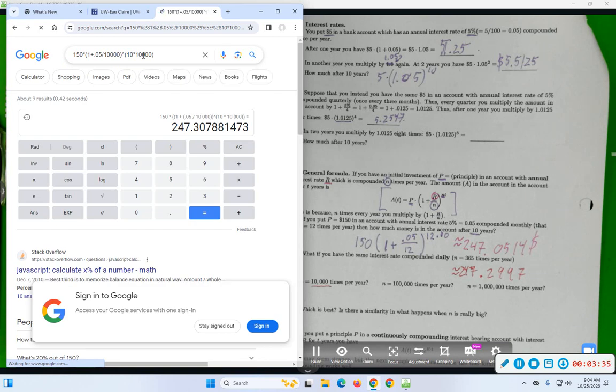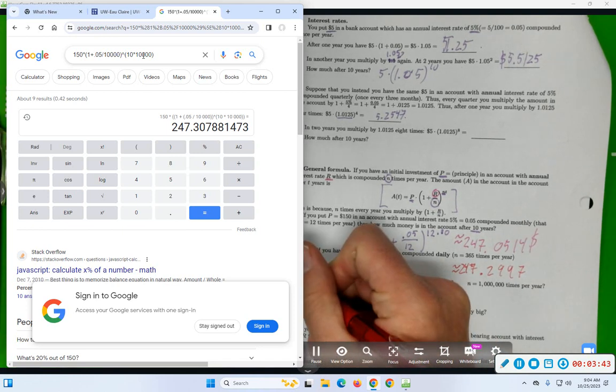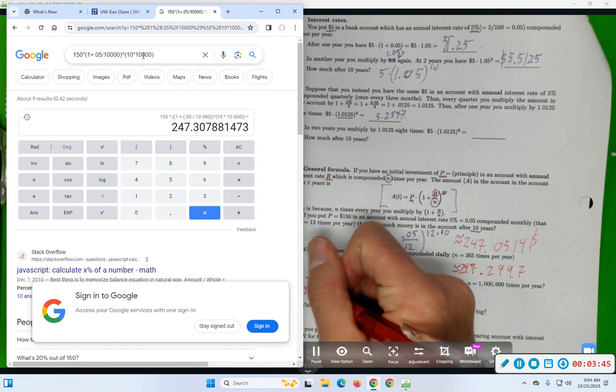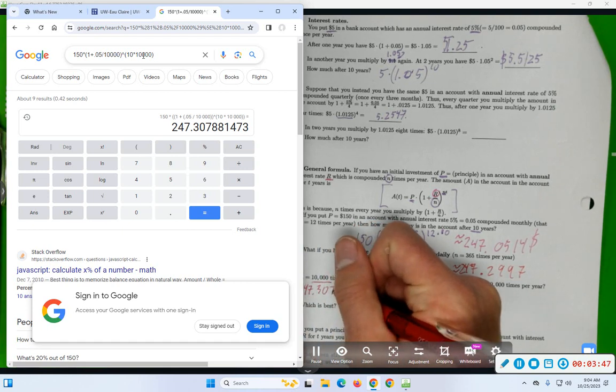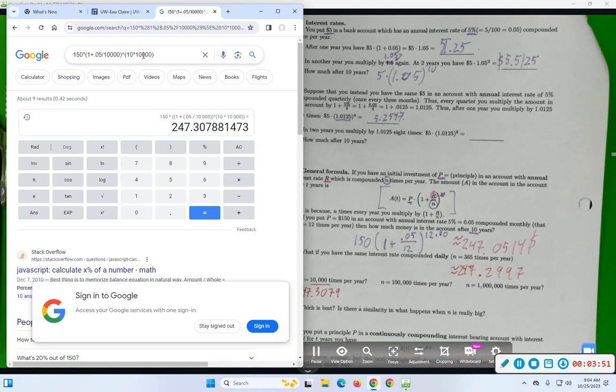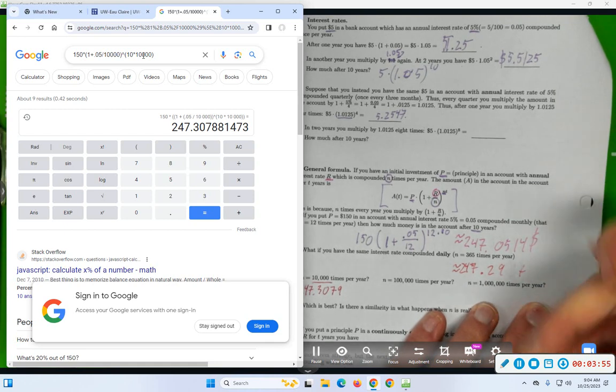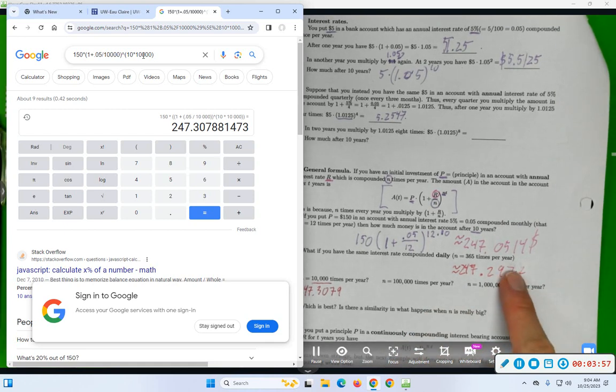Did it increase? Not by much, but it did increase. 247.307, and I guess that rounds up to a 9 now. Oh no, that's right. So it went up by more than a penny.